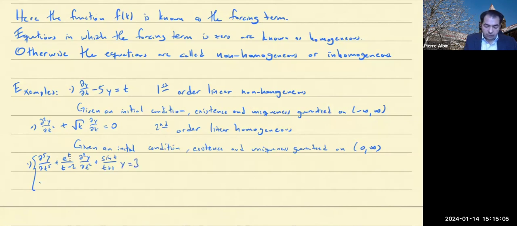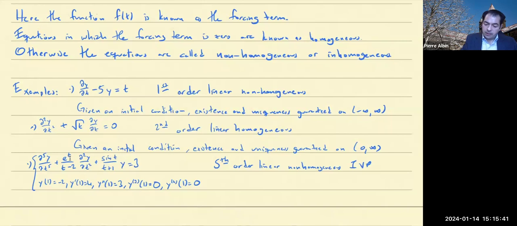And in this case, we have y of 1 is minus 2, y prime of 1 is 4, y double prime of 1 is 3, the third derivative at 1 is 0, and the fourth derivative at 1 is also 0. So this is a fifth order linear nonhomogeneous initial value problem, nonhomogeneous because the right-hand side here is not equal to 0.